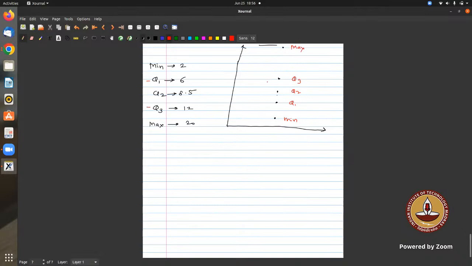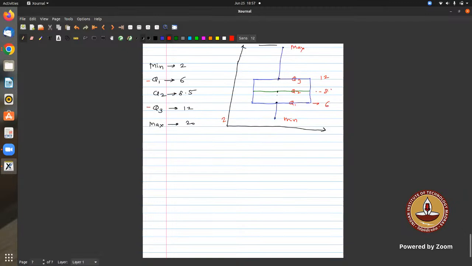You can see it in this example itself. This is my box, going from Q1 to Q3. This is value 2, this is 6, this is 12, and this is 8.5.